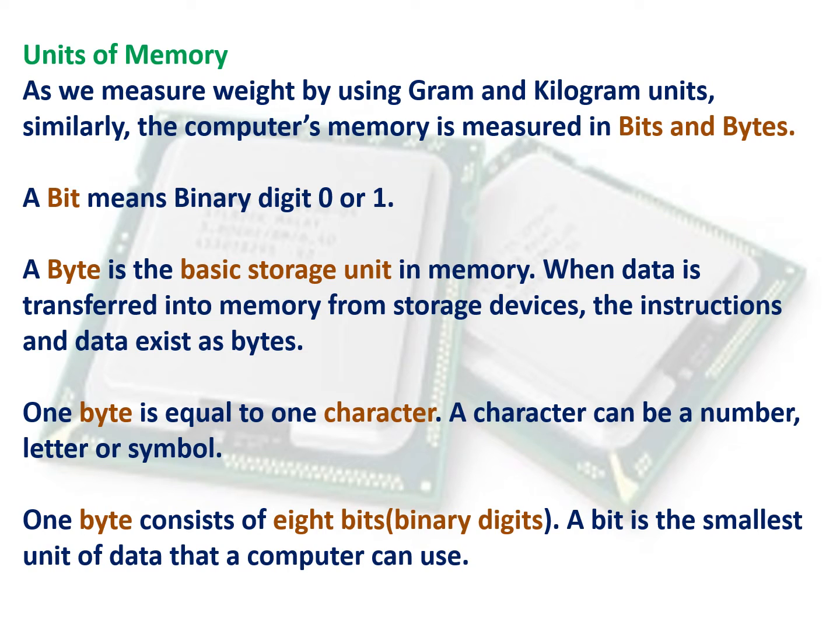And what is 1 byte? 1 byte is equal to 1 character. A character can be a number, letter or symbol. Bit means binary digit. And what are the binary digits? 0 and 1. A byte is a basic storage unit in memory.